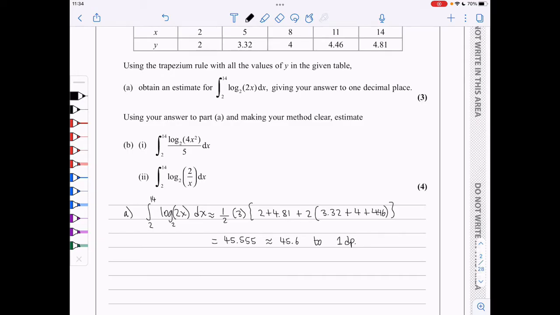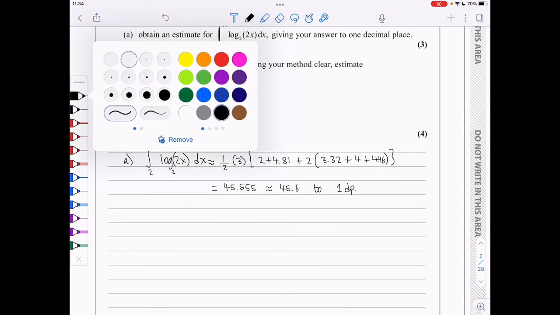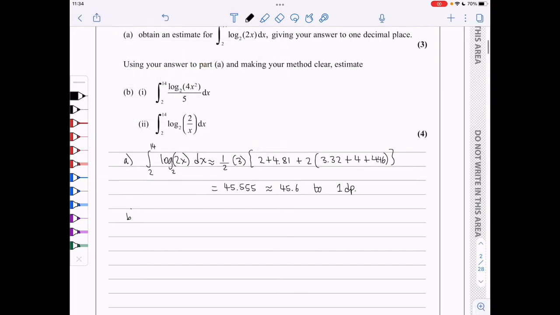In part B, using our answer to part A, we need to estimate these two integrals. So somehow we need to build connections with the answer in part A. So we start from the integral from 2 to 14 of log of 4x squared base 2 over 5.